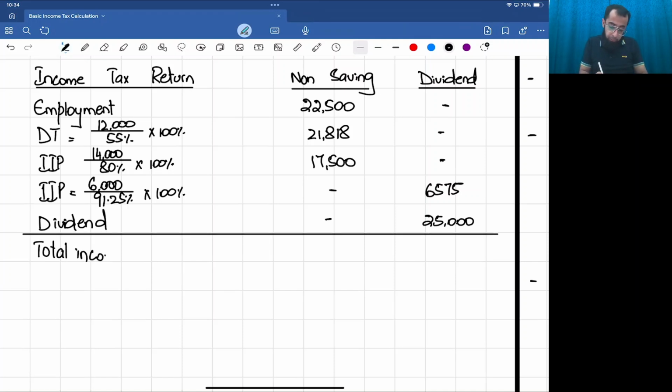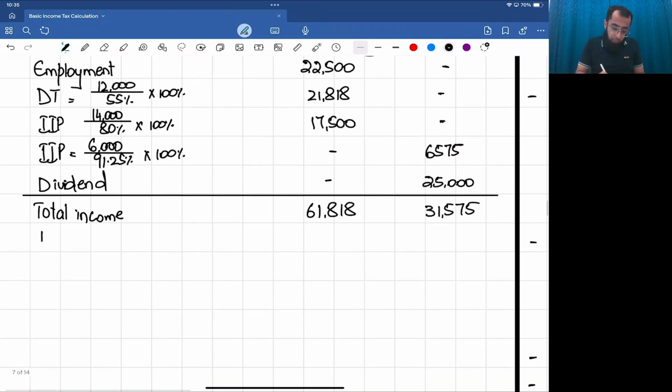The total income: 22,500, 21,818, and 17,500. All of these were non-saving. 61,818, and dividend will be 31,575. Done. Adjust the personal allowance, 12,570.